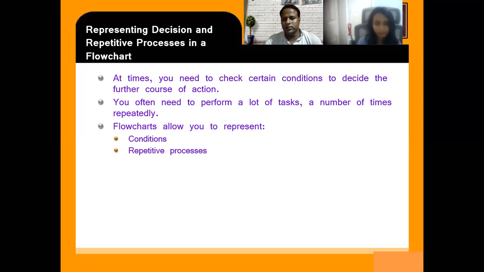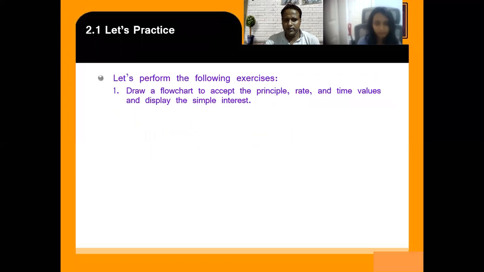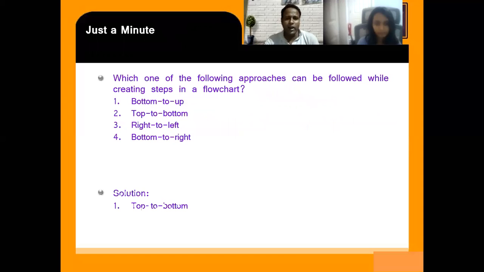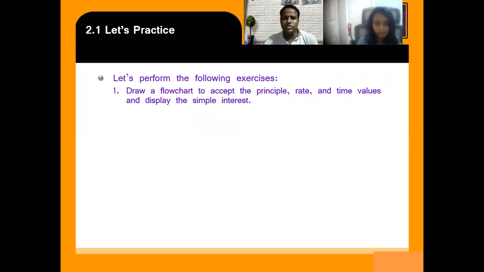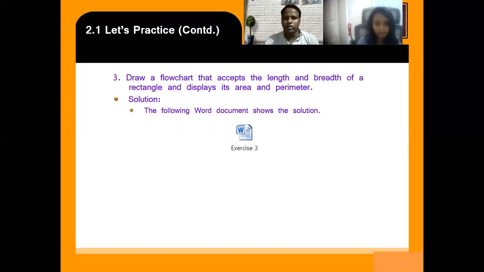You put all your logic by using different symbols. There are conditional symbols and repetition symbols that we have to discuss. While or after drawing the flowchart, you have to check whether your logic is correct or not.